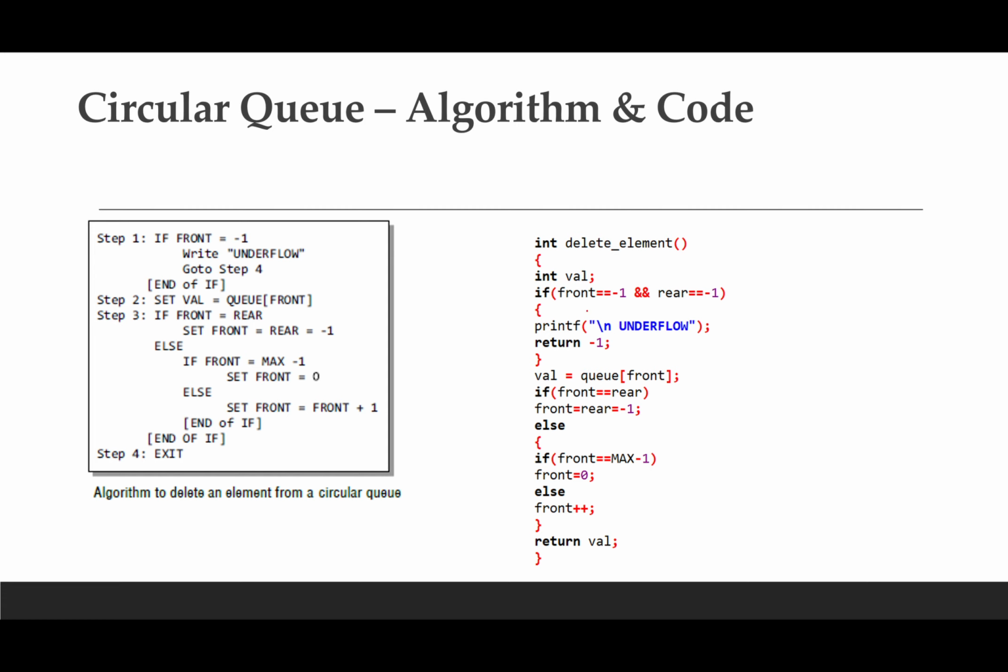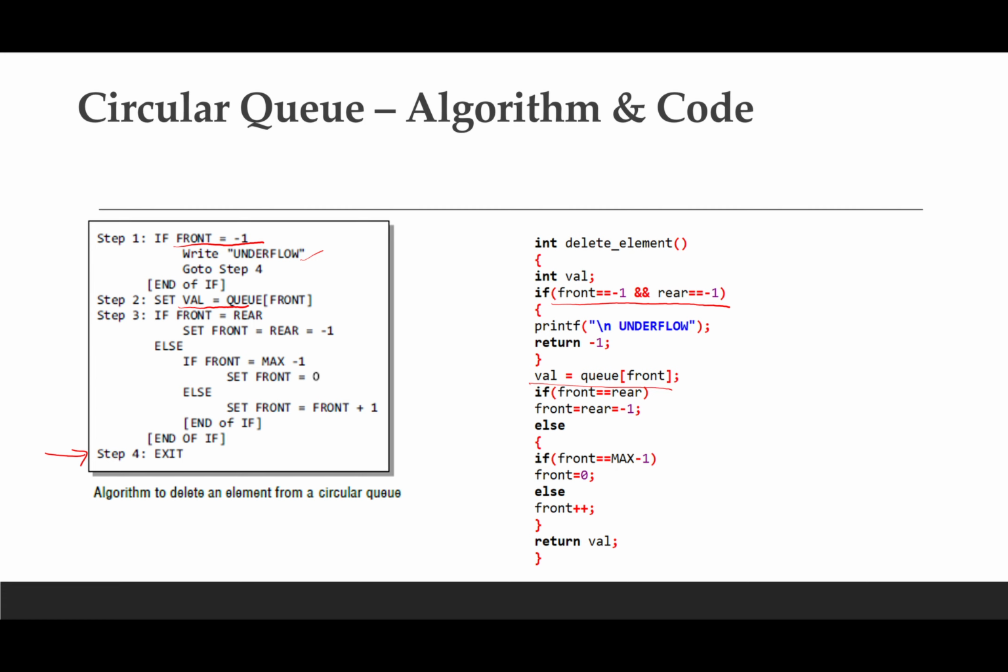Same as the code. First we are checking front is equal to -1 and rear is equal to -1. So we are checking with the one condition, front is equal to -1. If this condition is true, it will print the message underflow and go to step 4 and stop the process. Next, in step 2, we are assigning the value. After checking this condition, the queue is not empty, right?